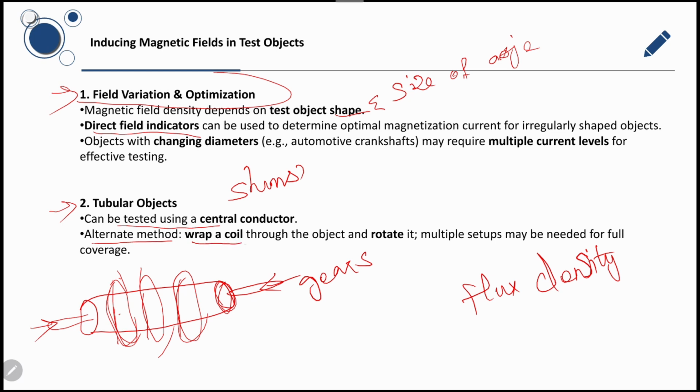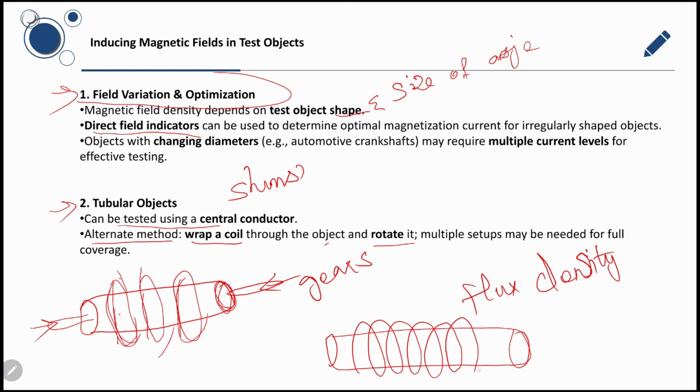An alternate method is to wrap a coil around the object and rotate it. In the coil wrapping method, a coil of wire is wrapped around or passed through the tube. This is the tube. Here, wrap the coils like this. Current through the coil induces a longitudinal magnetic field along the length of the tube.